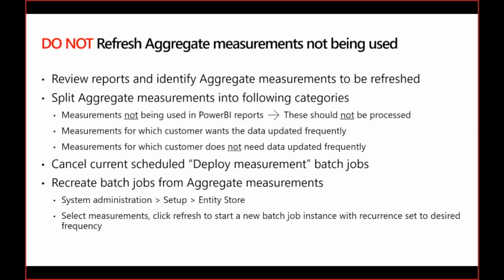A new batch job will then start instantaneously, and then you can set the recurrence to the desired frequency. So this is the suggestion, and definitely when you create multiple batches, make sure that you're not putting the same measures in multiple batches, which we also have seen at some customers. But this is leading even to a bigger performance issue.